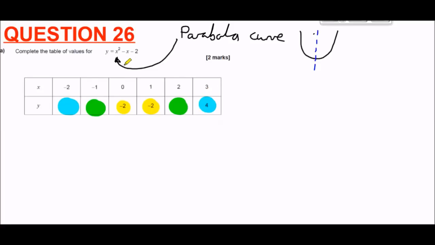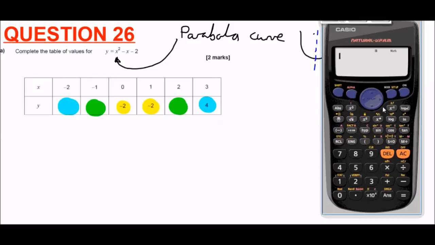So we've got a calculator, so we may as well put this to use. What we can do is use a calculator for these values of x. Looking at the positive values first, positive is just easier to deal with. When x is 2, y equals x squared, so 2 squared minus x, which is 2, minus 2, which would be 0.